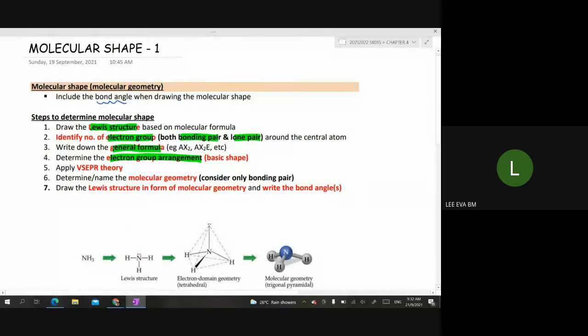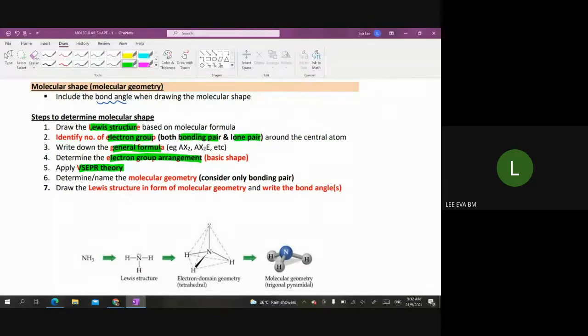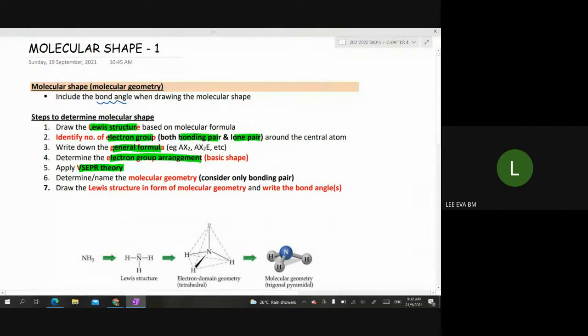And then after that, we want to apply VSEPR Theory. Dekat sini VSEPR Theory adalah kita bandingkan. Either lone pair repulsion is greater than lone pair bonding pair, or just bonding pair repulsion. So depends, Lewis structure awak ada berapa bonding pair ataupun langsung tak ada, semua bonding pair saja.